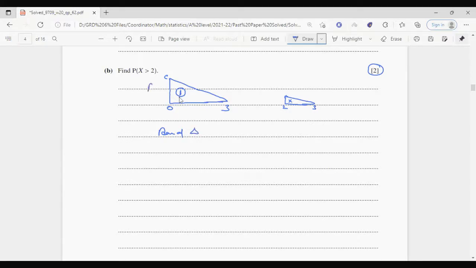Let's say this triangle is A, this triangle is B. So area of triangle A over area of triangle B is equal to 3/1 the whole square. So area of A, which is 1, over area of B is equal to 9. So we are finding area of B, which will be 1/9. So the probability of x greater than 2 is 1/9.